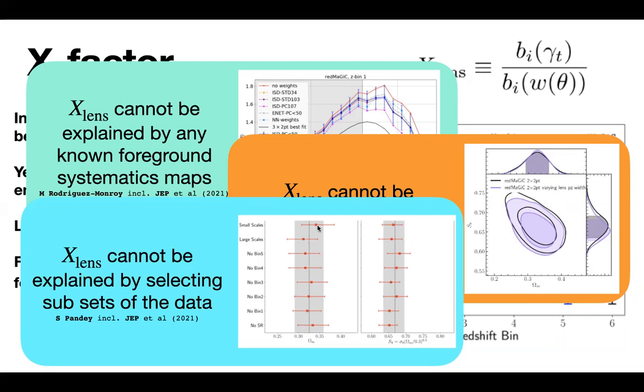There is a small shift in omega matter that could be interesting, but generally this indicates that the low redshift X lens stuff isn't broadly explained by something scale dependent. The high redshift stuff, maybe that's something we need to look into.